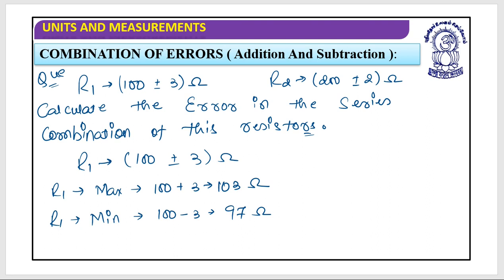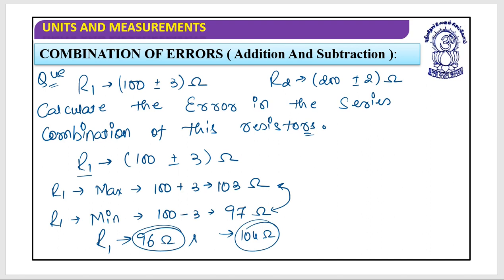So this resistor can have a value from 97 ohm to 103 ohm, but it could never have a value of 96 ohm, or 104 ohm or more. Can you understand what I mean? When we write plus or minus, we mean that this number can have a maximum value of this and a minimum value of this.